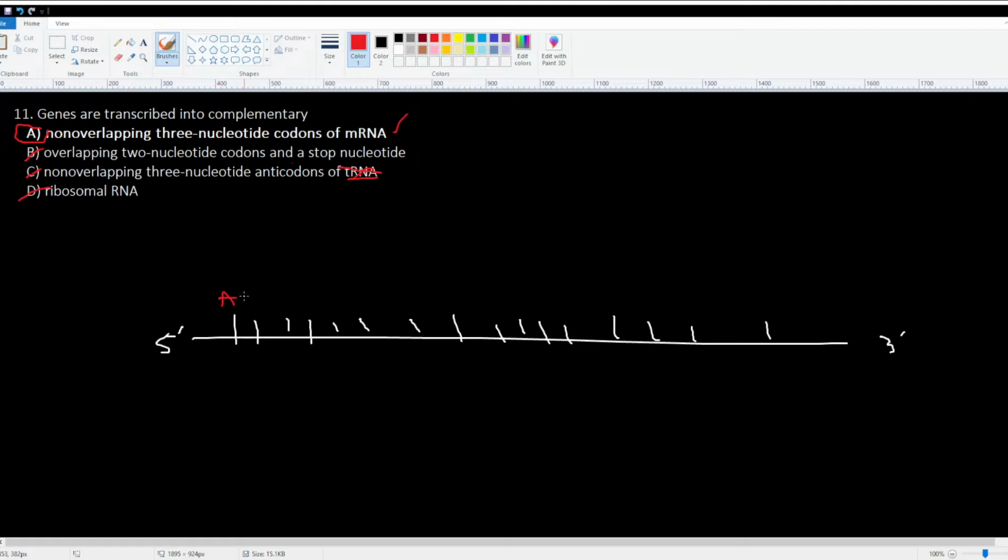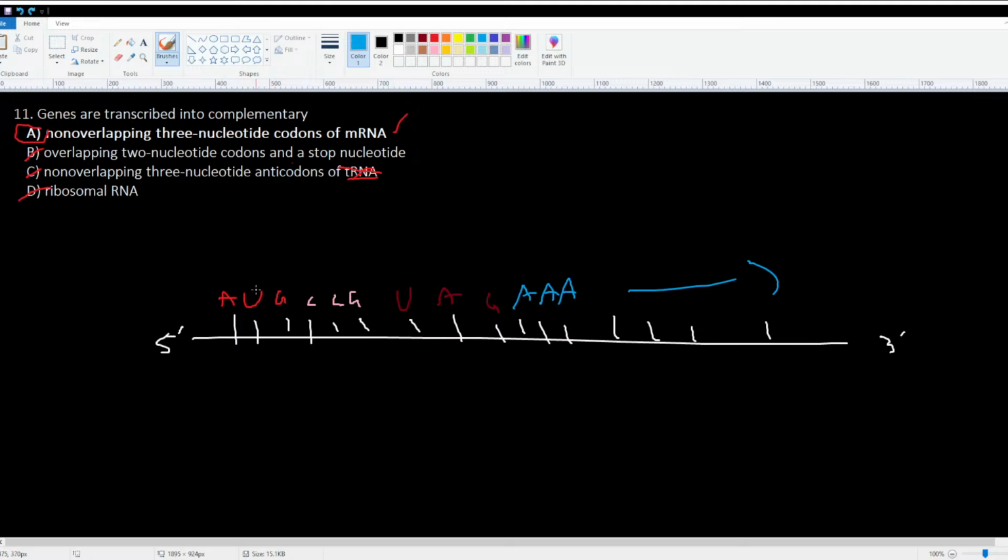Let's say we have AUG, CCG, UAG, AAA, and so on. Codons exist on the actual mRNA.